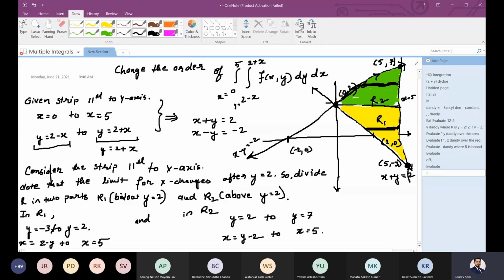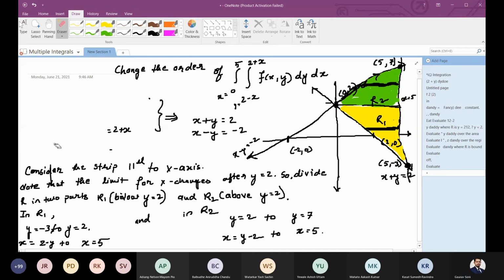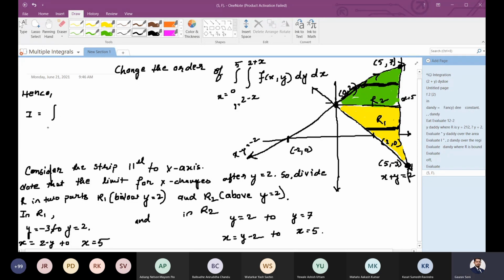So once all of these things are clear, hence I is going to be the integration from minus 3 to 2, 2 minus y to 5, f of x comma y, the order is going to be dx dy, plus, now this has to be the other region, 2 to 7, y minus 2 to 5, f of x comma y, dx dy.